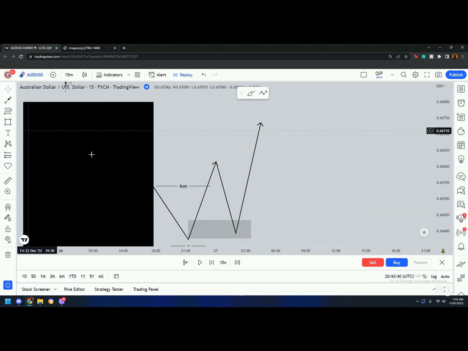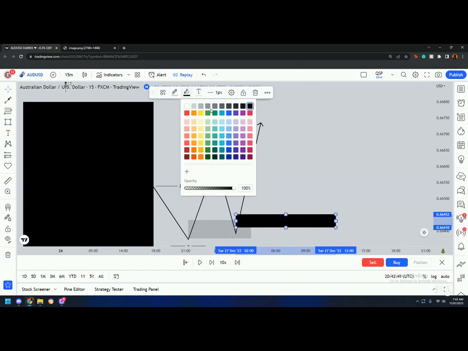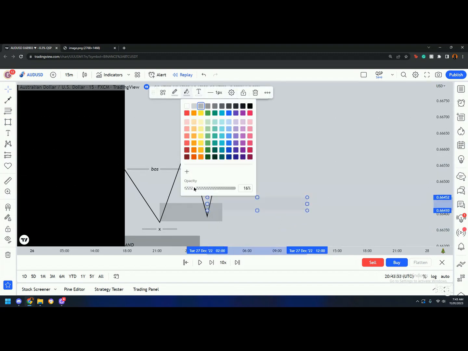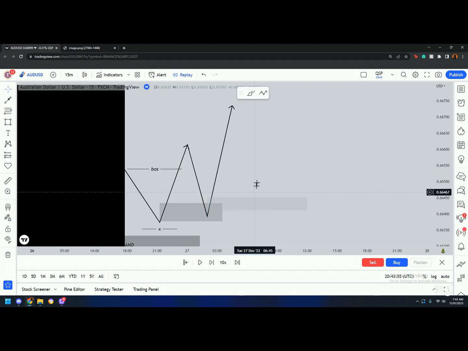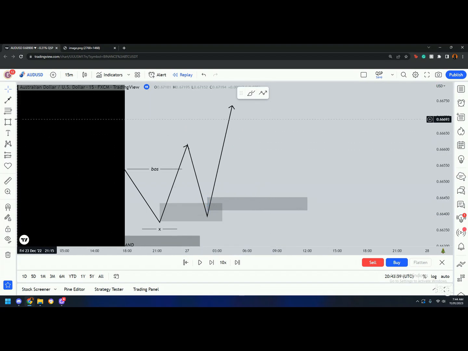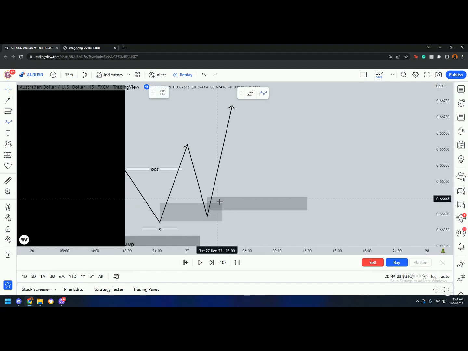And then it creates another demand zone. Let's say here. Let's say on there. Hold up. Oh, why's the color like that? I don't like it. Okay. After that happens, if this happens, we want to see this happen again, and then break structure again.